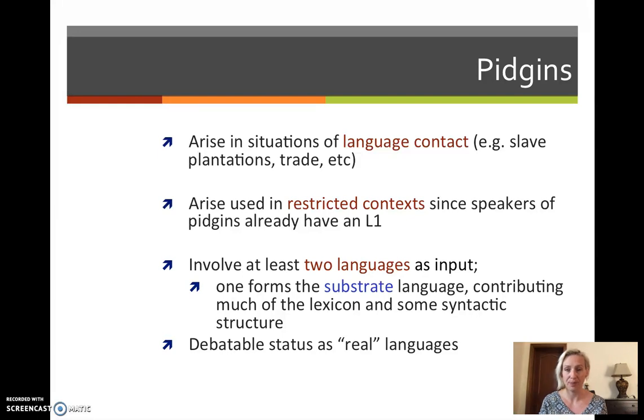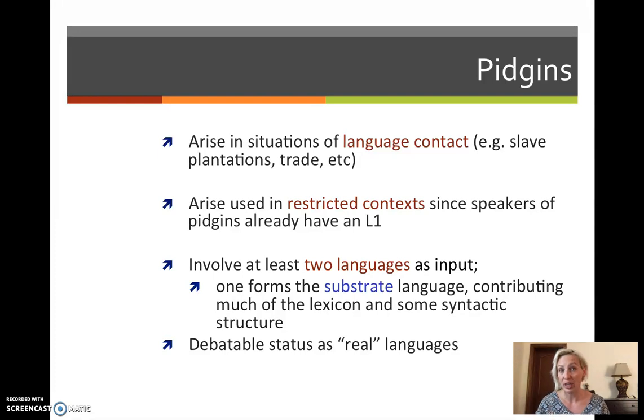So for a pidgin to emerge, we need at least two different languages that are mixed together. And usually one of them will be the more important one. We call it a substrate language. So the grammar will mostly come from that language, and the lexicon will mostly come from that language, and it will be simplified, but it will be provided from the substrate language.